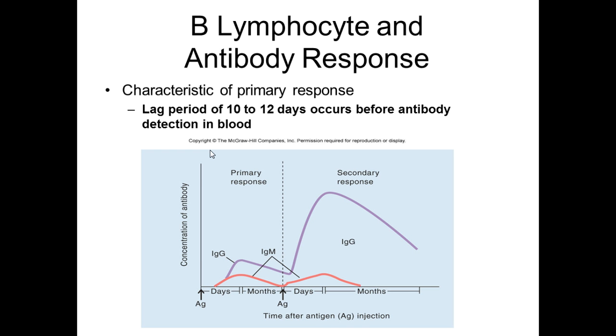Where they actually become detectable in your blood, right? We're going to pull the blood out of you, after you've been exposed to an antigen for the very first time, right? You're going to have this lag period. And then notice the first antibody we said you produce is IgM, and then commonly your body goes through what's called a class switch.